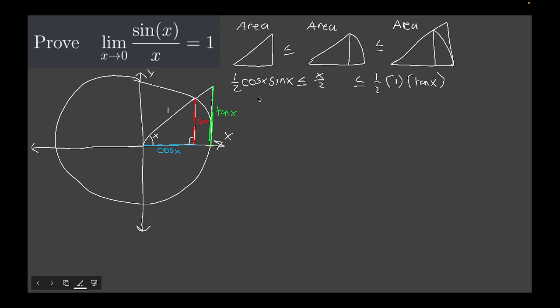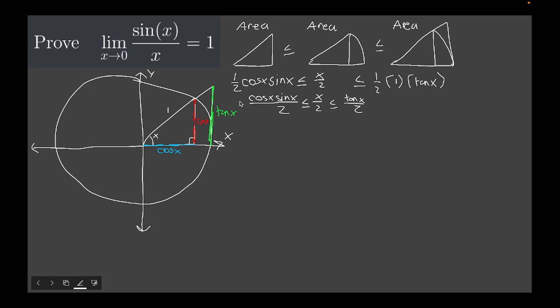Now, I'm going to rewrite it as cosine of x times sine of x all over 2, less than or equal to x over 2, less than or equal to tangent x all over 2.